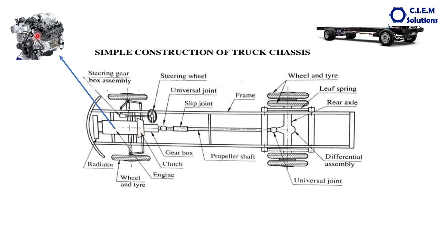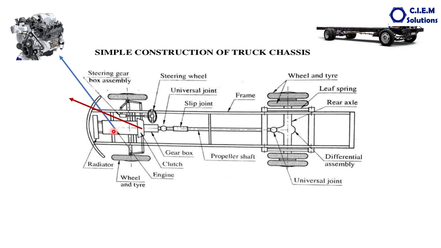The engine, a power generating device fitted in the front side of the chassis, and in front of the engine there is a radiator which is used to dissipate the heat from the engine. Generally, 4-stroke diesel engines are fitted in the trucks.